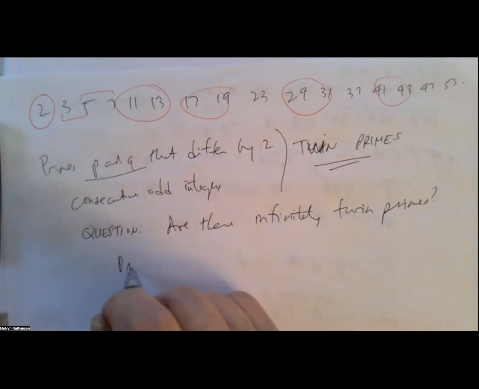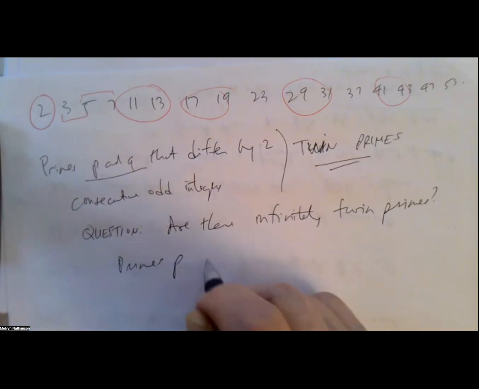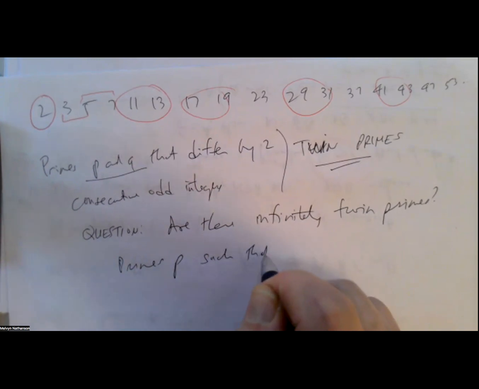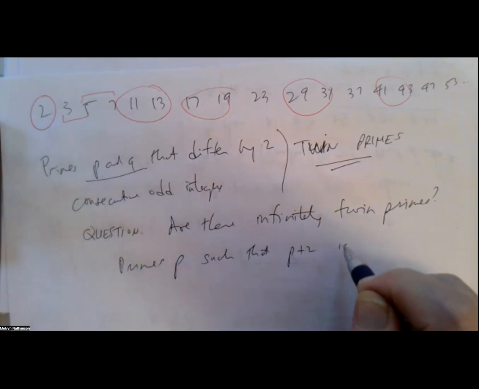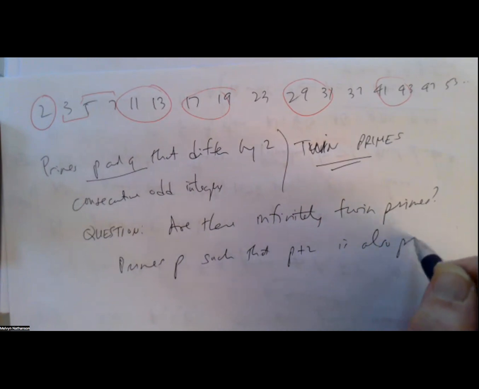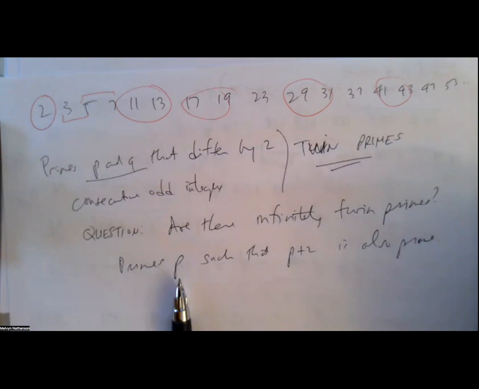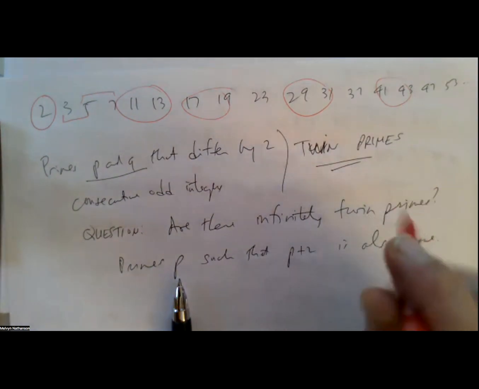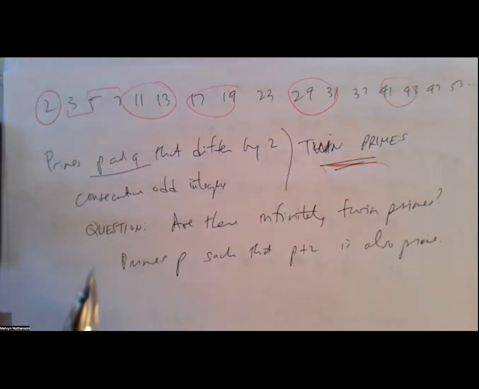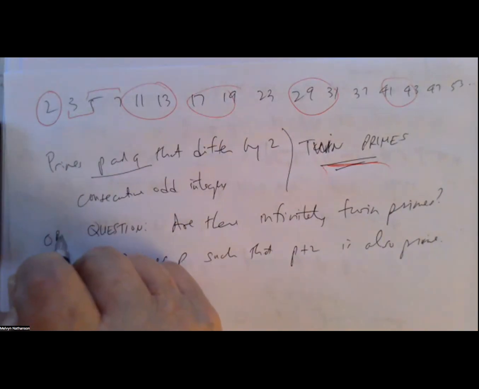That is, primes P such that P plus 2 is also prime. These are twin primes. And this is a question which is still unanswered.